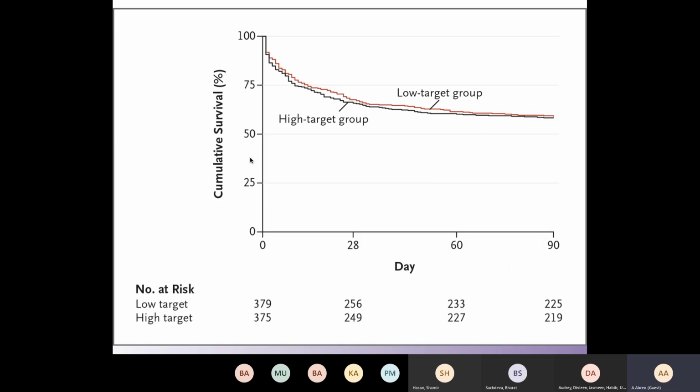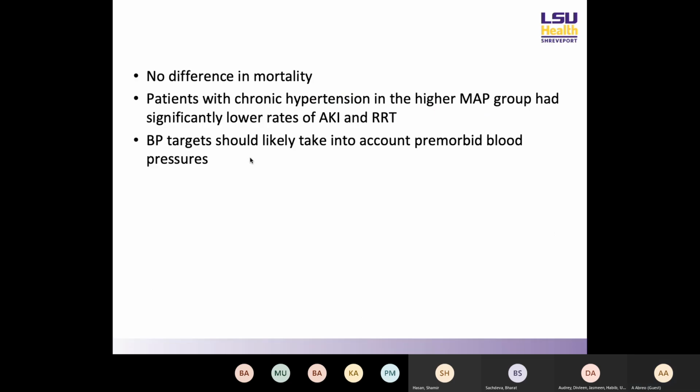And they found no difference in terms of survival between the low target group and the high target group. So no mortality difference, but one interesting fact was when they looked at the subset of patients with chronic hypertension, the higher MAP group had significantly lower rates of AKI and renal replacement therapy.